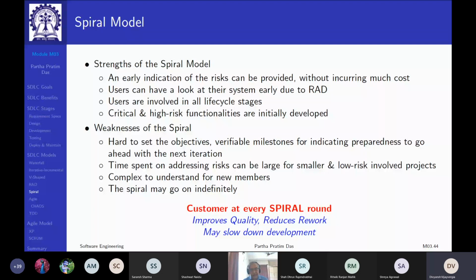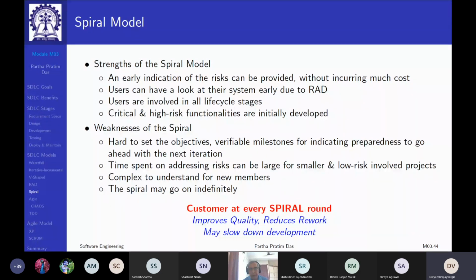For example, it may be hard to set objectives or verifiable milestones, because unless you have verifiable milestones, you cannot actually assess the risk in the right way. So in the 4th quadrant, we're planning for the next phase, the next iteration. This could be a really difficult task.